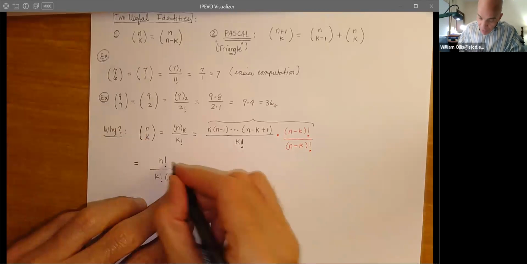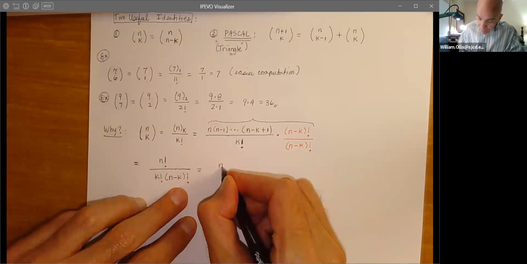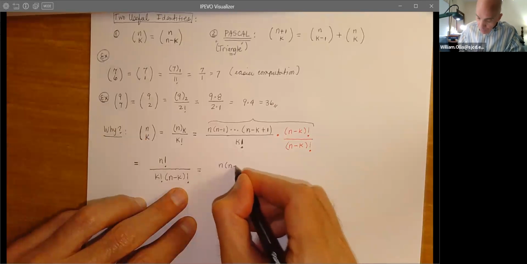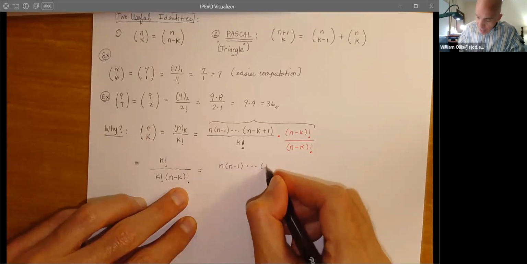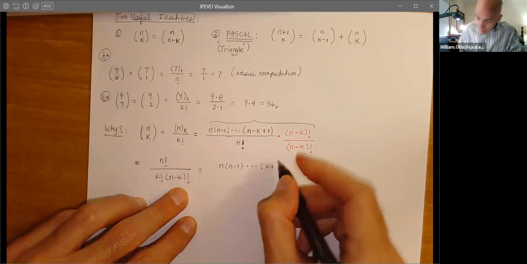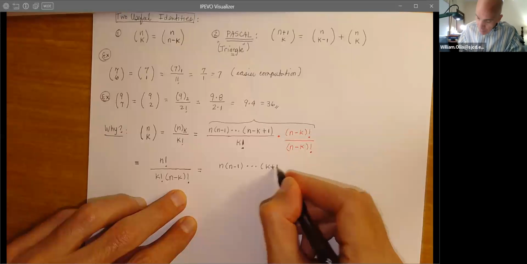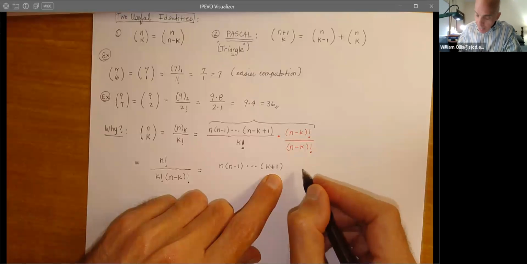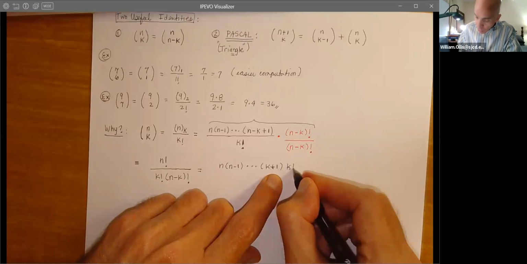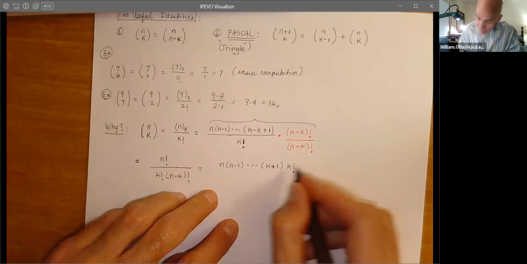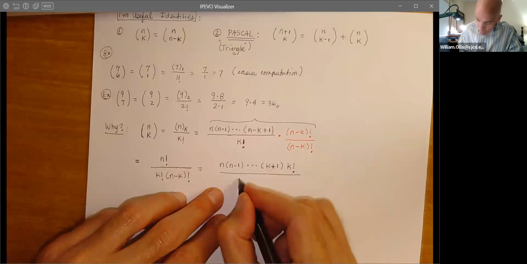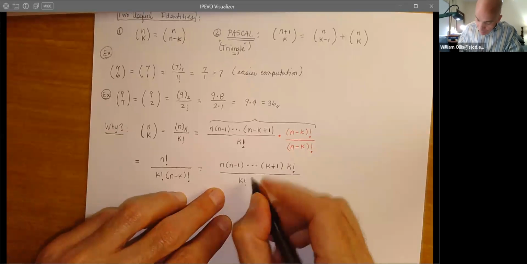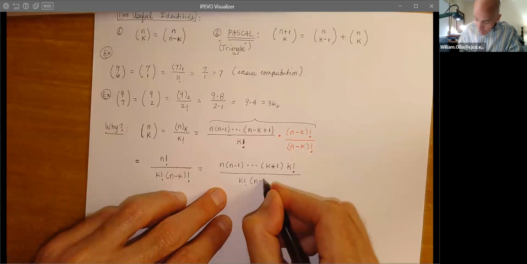So let's write this as n minus 1, and let's just march on down to k plus 1. So that's the factor right before k, and then write k factorial. And so we have k factorial, n minus k factorial.